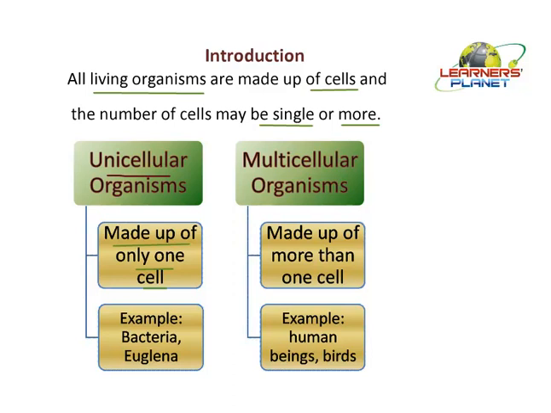Contrastingly, the opposite side will be multicellular organisms. So if unicellular is made up of a single cell, then it is a bit clear that multicellular is made up of so many cells. These organisms are made up of more than one cell. Now more than one cell means how many cells?